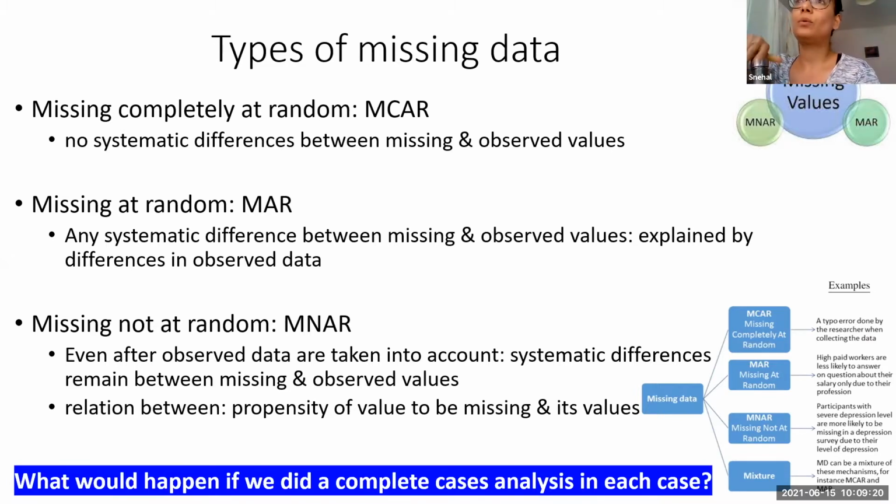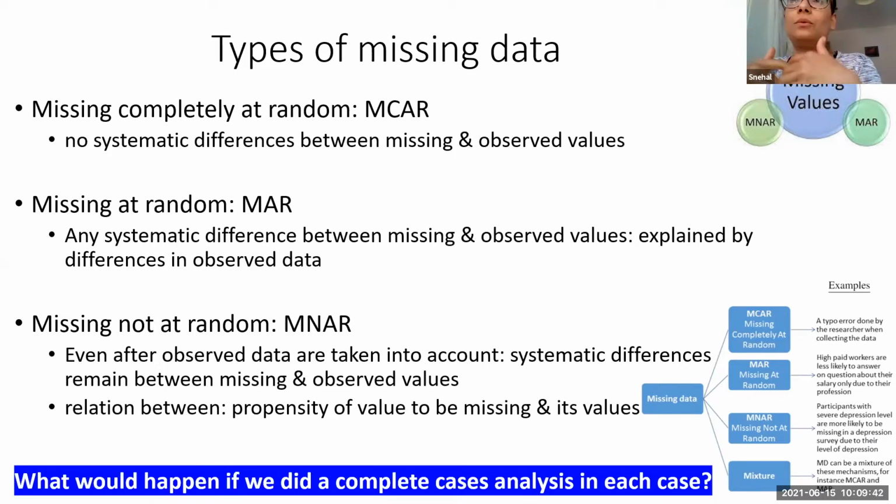So what would happen if, say, we have a data set of 100 people, for example, and about 50 of them have missing data. What would happen if we remove those 50 people and we just did our analysis on the remaining 50 people?